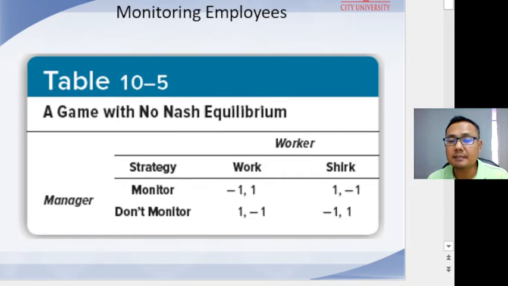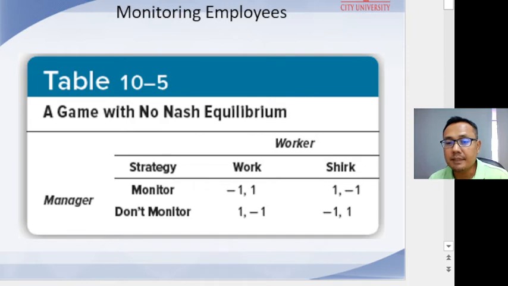The payoffs are the same if the manager does not monitor and the worker shirks. The worker wins because she gets away with shirking. In contrast, if the manager monitors while the worker shirks, the manager wins 1 and the worker, who gets caught, loses 1. Similarly, if the worker works and the manager does not monitor, the manager wins 1 and the worker loses 1.